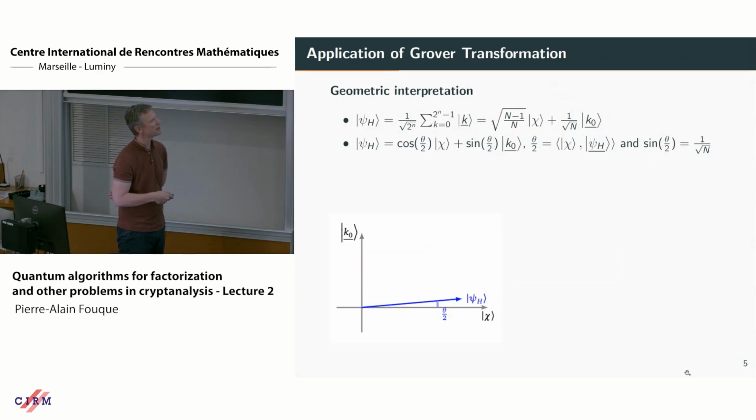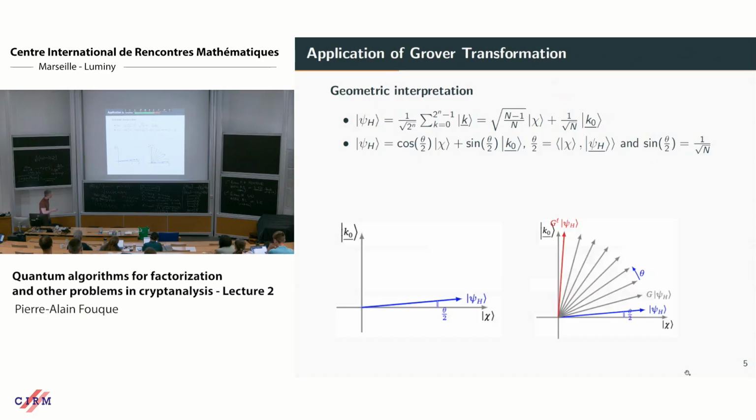It is very, very close to this hyperplane because the weight is much more on this direction than on this one. So the angle between this direction and that one is very skewed, and theta over 2, the angle, is very, very small. Think of capital N as 1,000 or so, or 1 billion. So the sine here is very small.